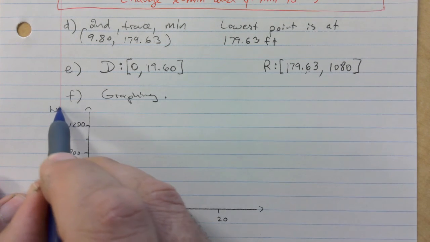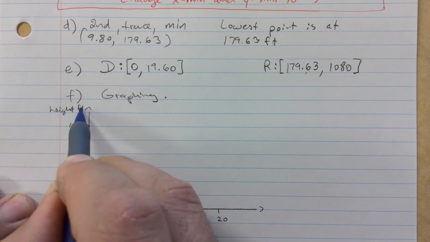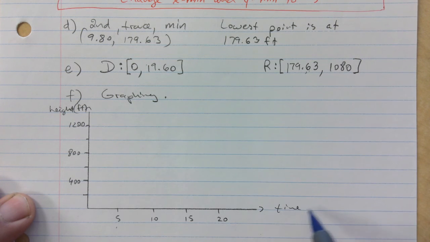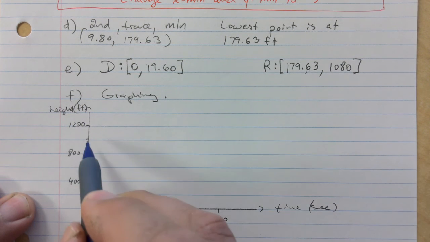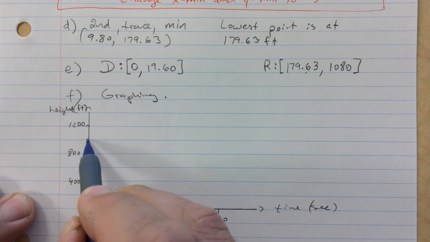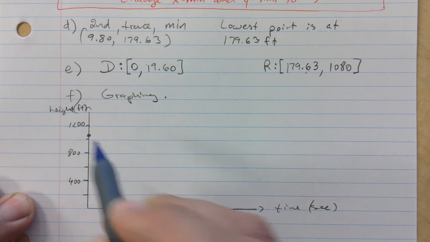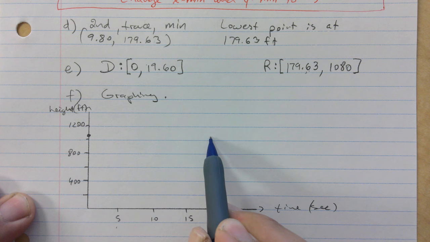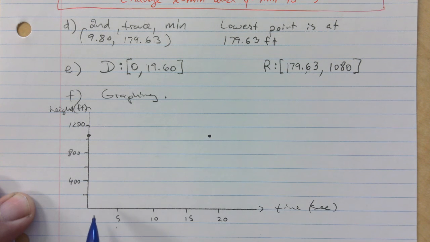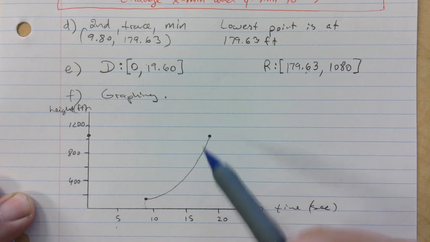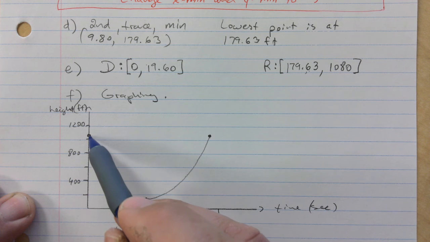This is height in feet, time in seconds. 1,080, this would be just above there. 19.60, I'm just going to be in line with that. The min is 9.80, 179, right about there, and then I'm going to graph that going that way and this going this way.